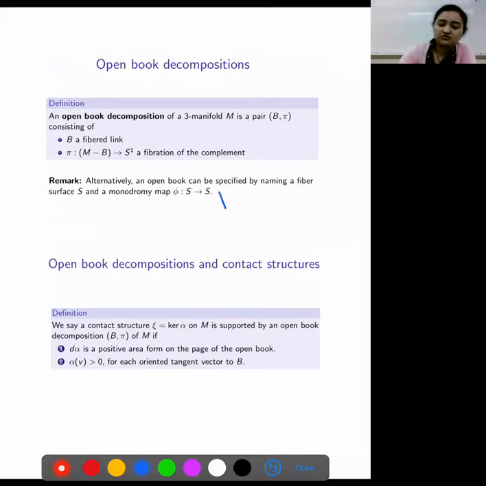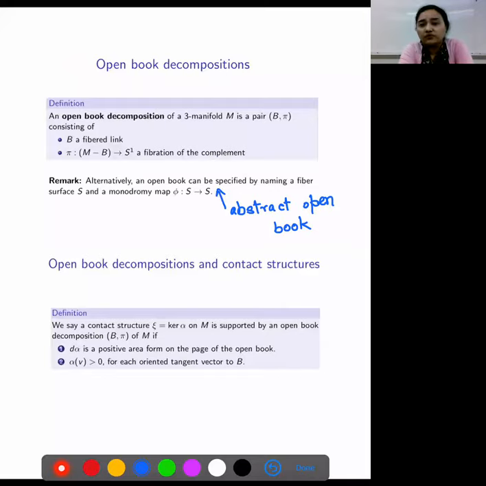The definition I mentioned here is for the abstract open book, which is specified by a fiber surface and a monodromy map. And there are ways to go back and forth between these two definitions.